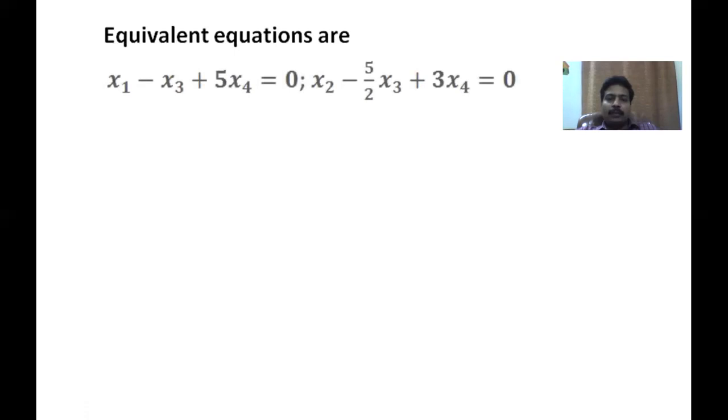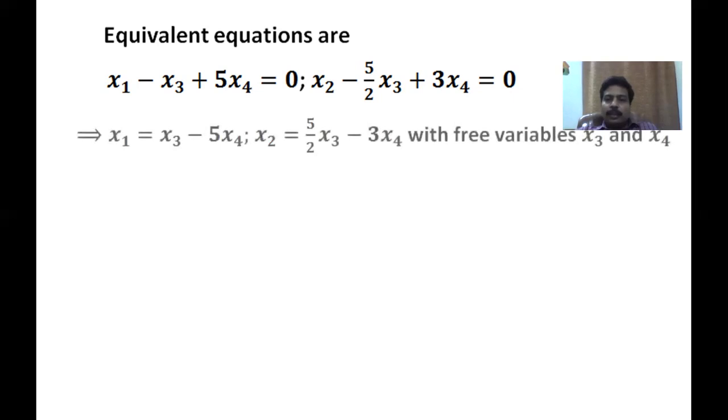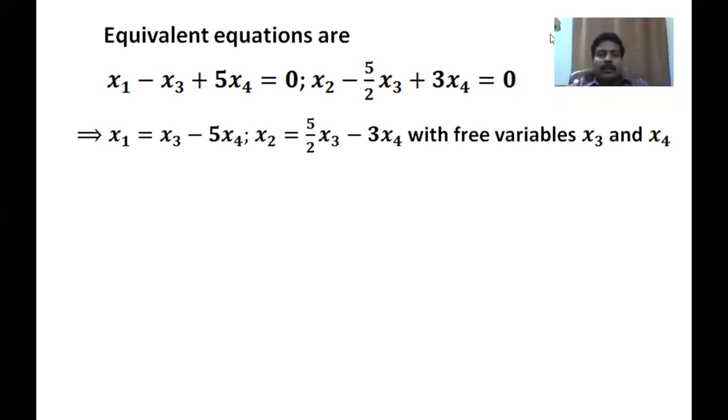That is the second one. And there are all zeros in the third row, so it will not give any equation. So the first equation can be written as x1 is equal to x3 minus 5x4, and the second equation will become x2 is equal to 5/2 x3 minus 3x4.